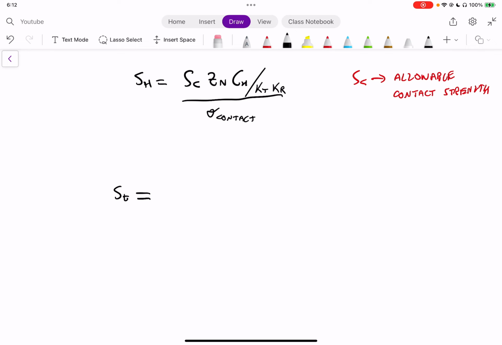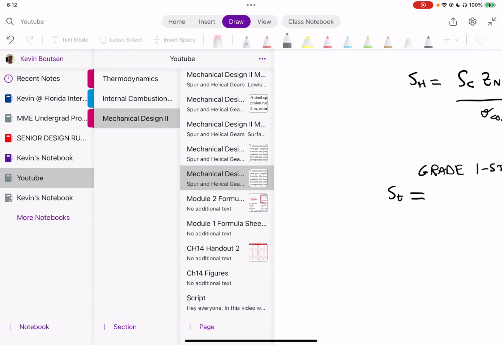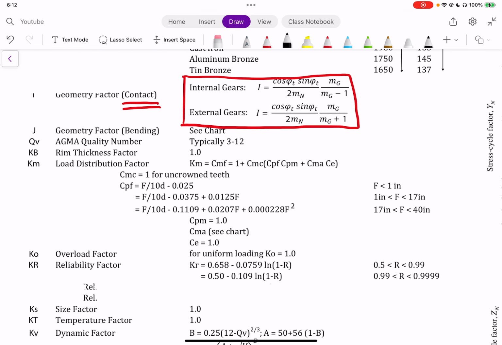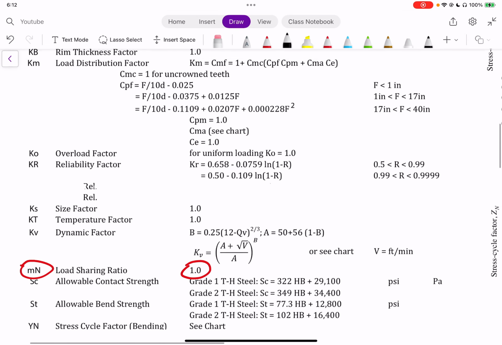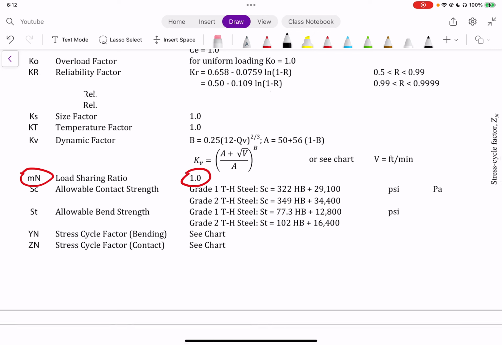Well, for the strength, we're told that we have grade 1 steel in the problem, and we're told that it has a Brinell hardness of 200. So based on that, what we can do is go to a catalog for steel, or go to our formula sheet, and within our formula sheet we have some values for allowable bending strength and allowable contact strength, and we're given some for grade 1 steel and grade 2 steel.